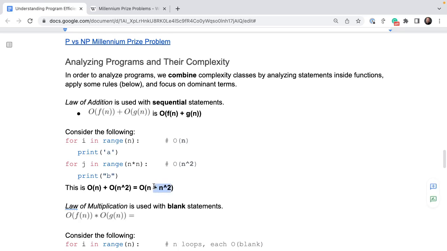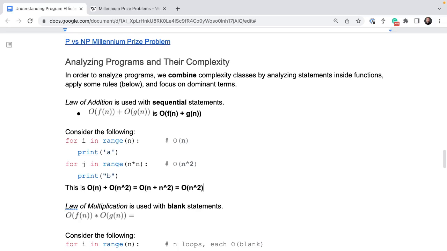And then, of course, inside here, we can apply those same simplification rules that we did above. Which term is the dominant term, the n or the n squared? It's the n squared. So this algorithm right here is just going to be big O of n squared.